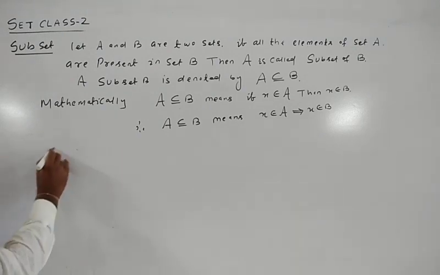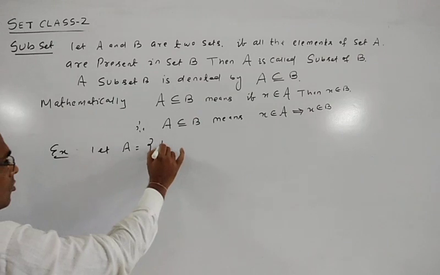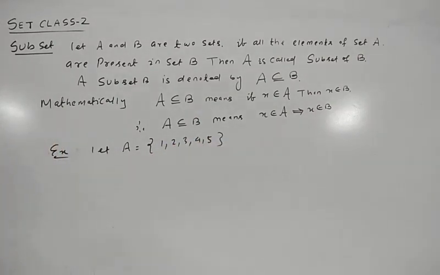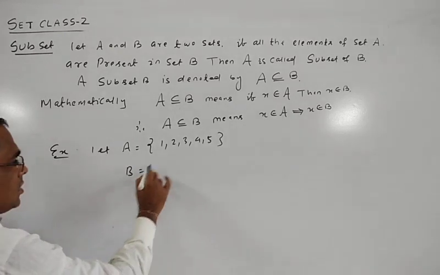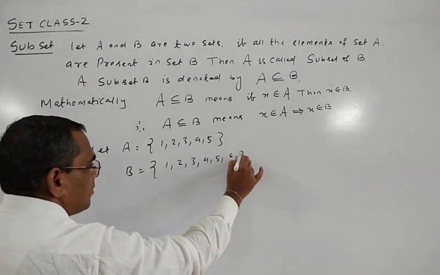For example, let A equal {1, 2, 3, 4, 5}, and set B equal {1, 2, 3, 4, 5, 6, 7}.